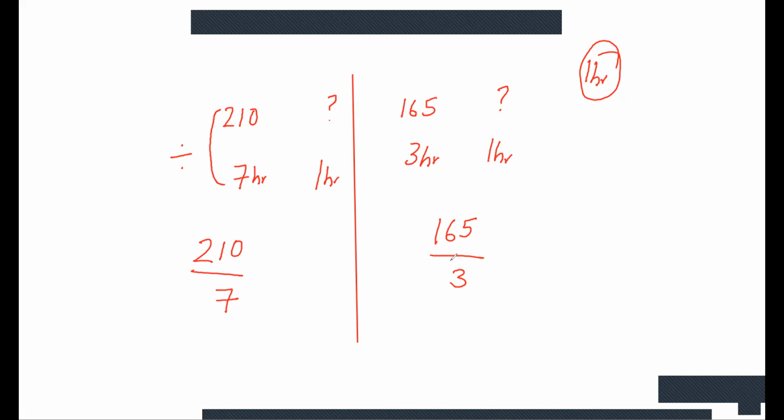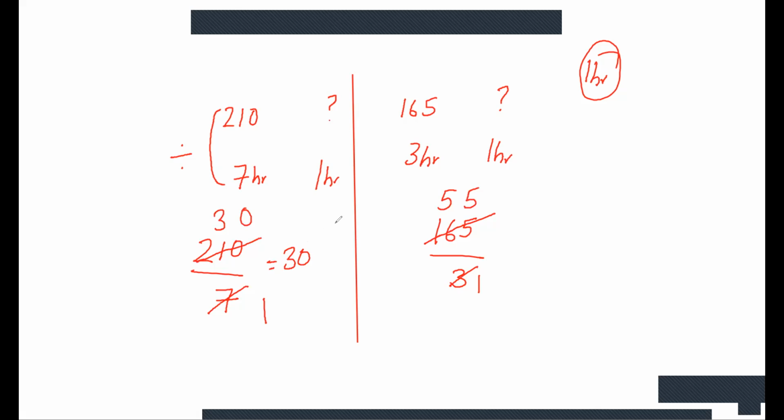Tell me your answer. 55. Okay, let me simplify and see. 3 times 5 is 15, 1 is left again. Very good. And how about you? Very easy this one. 7 times what is 21? 3. And 0 here. So you get 30 here, and here you get 55.